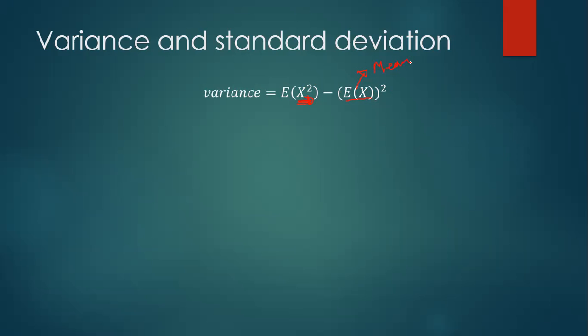So we get the mean squared. The expectation of x squared is defined by: we get the value of x in the table, we square it, and then we multiply by the probability value. Then after that, we add them up, so we sum them.